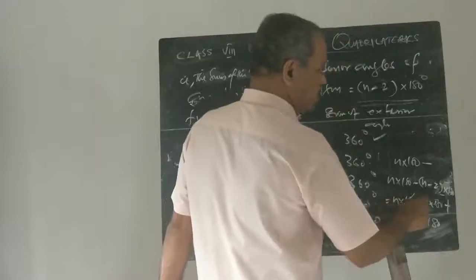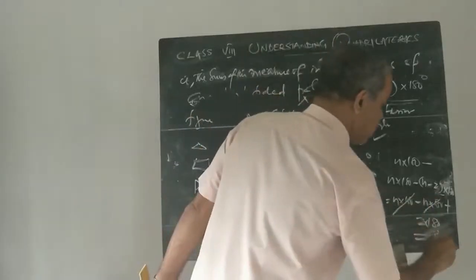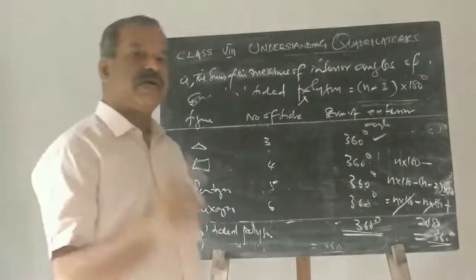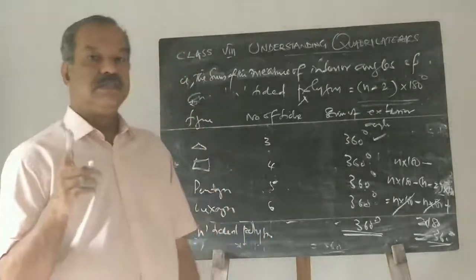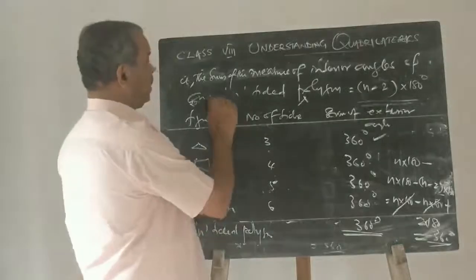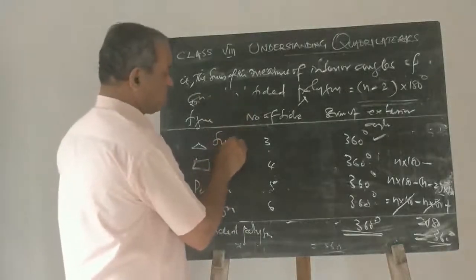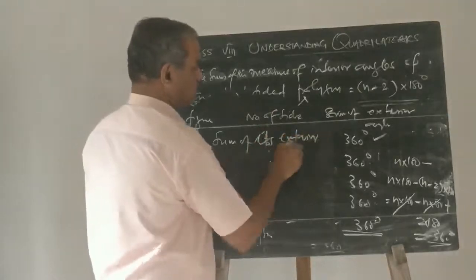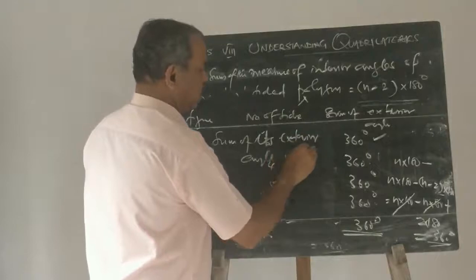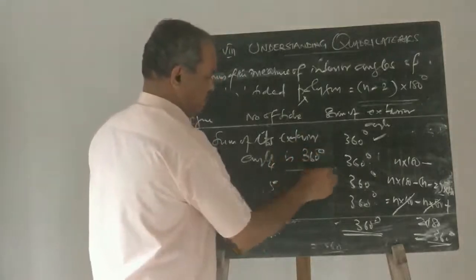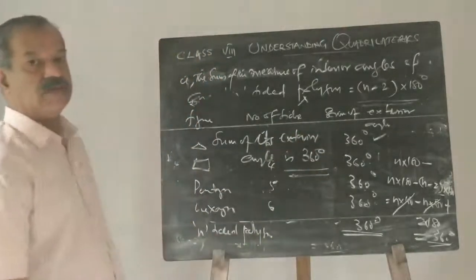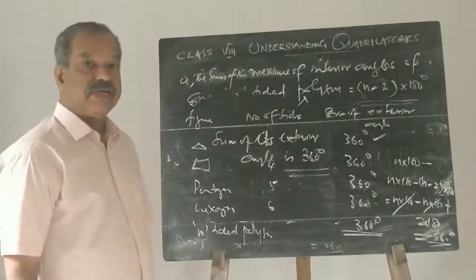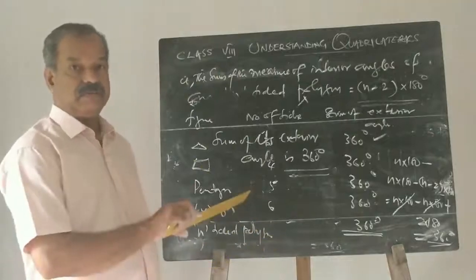N into 180 minus N into 180 is 0, leaving 2 into 180, which is 360. So remember, whatever the number of sides of a polygon, the sum of its exterior angles is 360. No change.